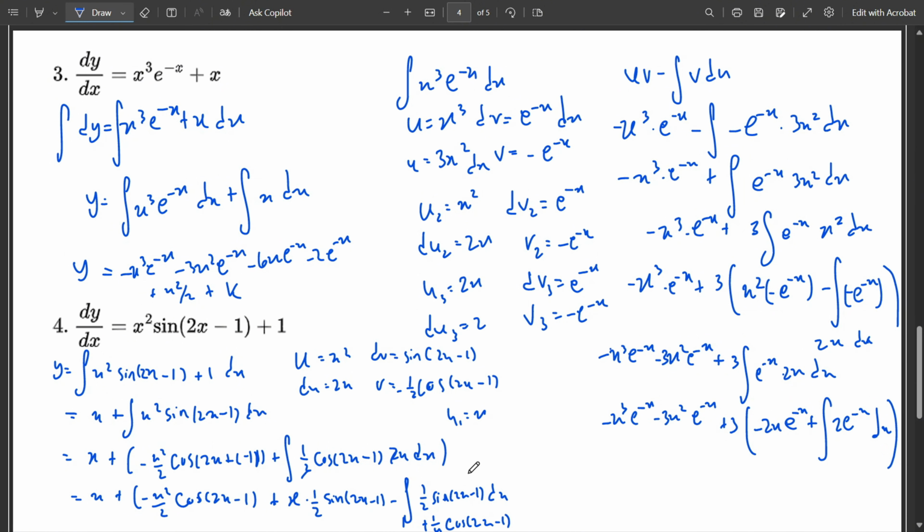And let me write this as x minus x squared over 2 cosine of 2x minus 1 plus x over 2 sine of 2x minus 1, and then we minus a quarter cosine of 2x minus 1.